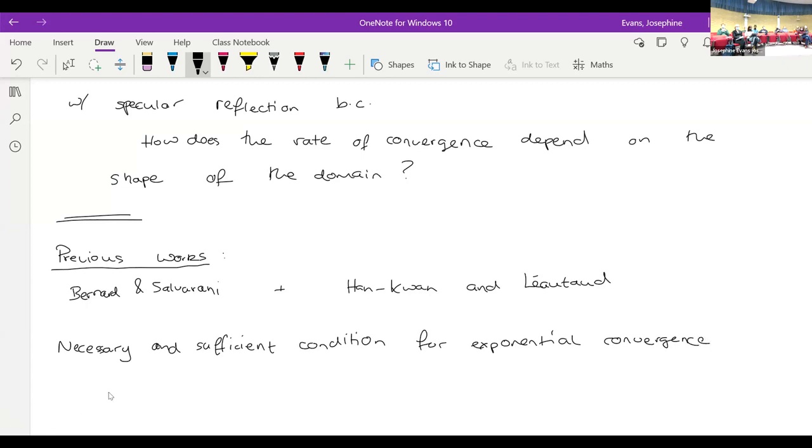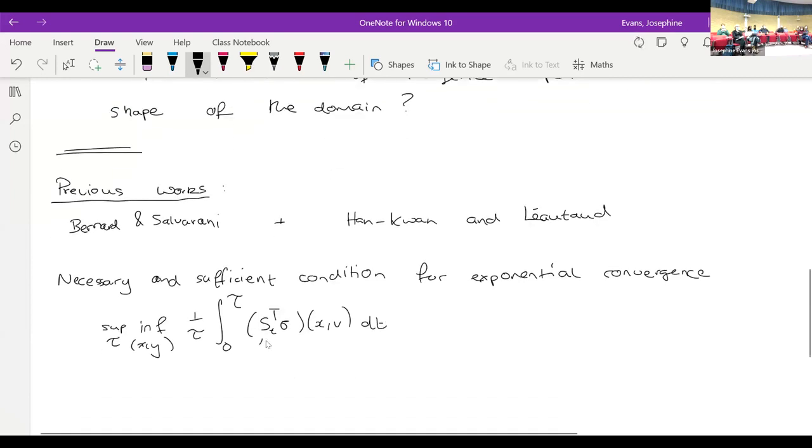The sup over tau of the inf over your x, y, so this is slightly opaque because I've just written it.